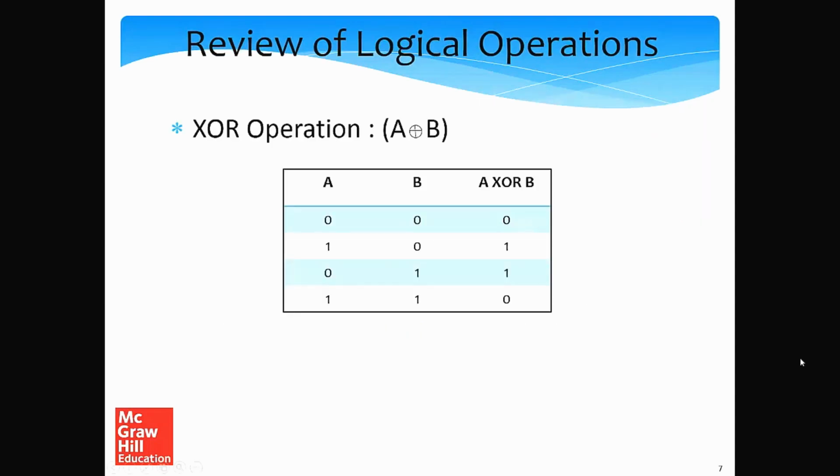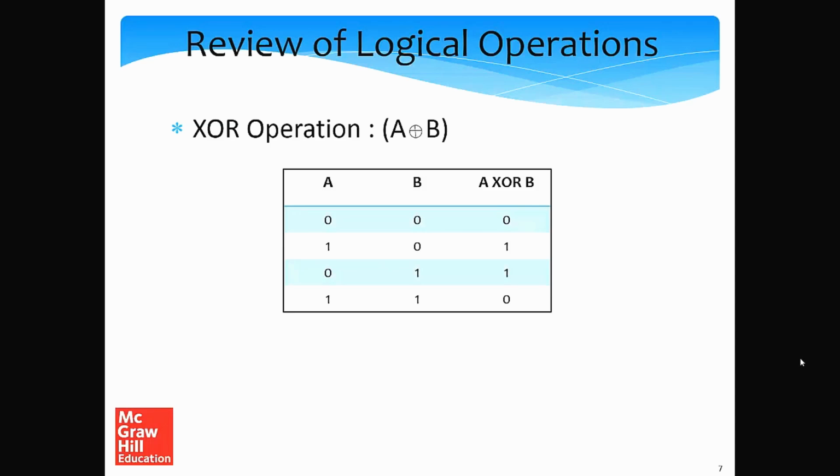Let us now discuss the XOR operation, or the exclusive OR operation. So it has a different truth table. One thing the readers might have realized up till now is that if I have two variables, I can create a lot of different kinds of truth tables. So how many truth tables can I create? Actually, I can create 16 truth tables.